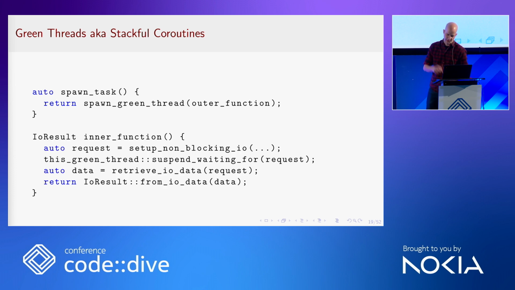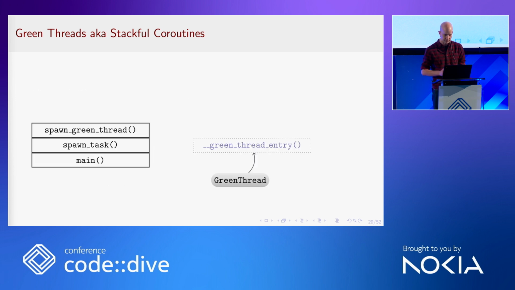And then in the inner function, we now split our blocking I/O call up into 2 parts. We start with a setup that just sets up our I/O request. But then instead of waiting for the result to come back, we suspend at that point. And we want to be woken up once the result becomes available.